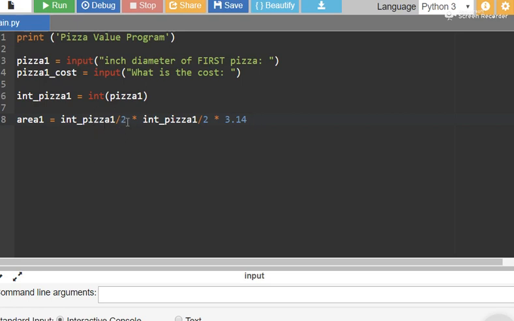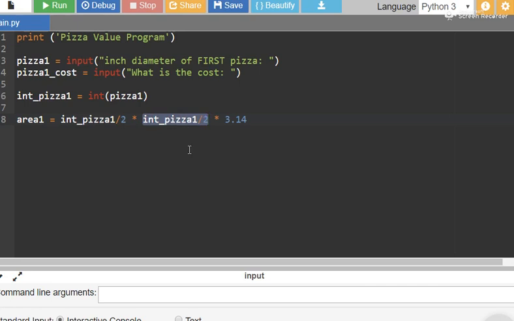So the radius r is half the diameter, so we've inputted the diameter and we're going to halve it there. Then we need the square of it, so we multiply it by itself: half the diameter times half the diameter.